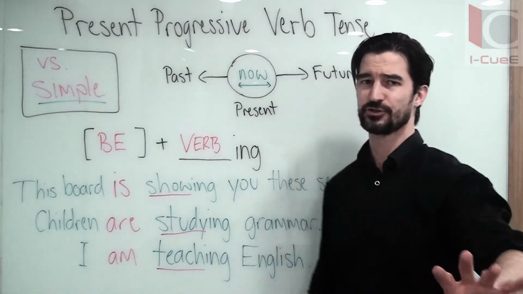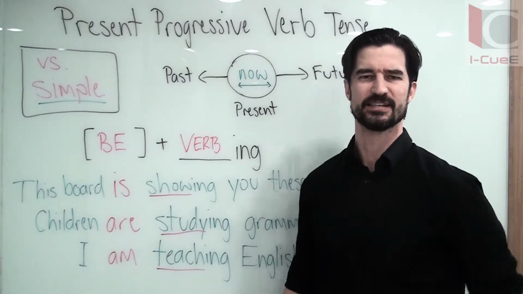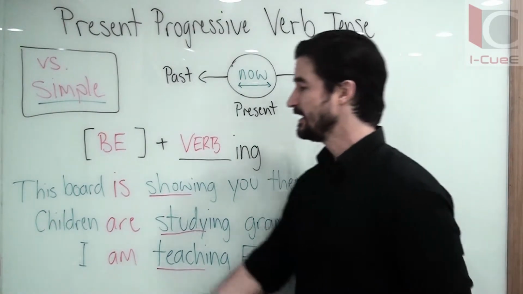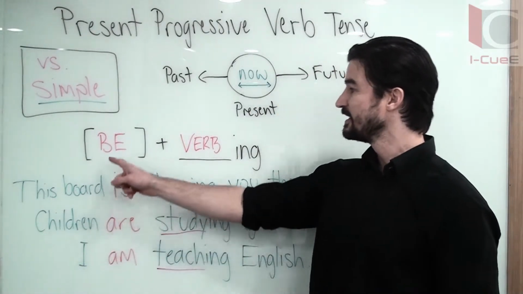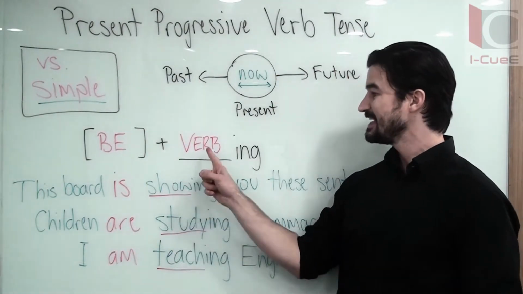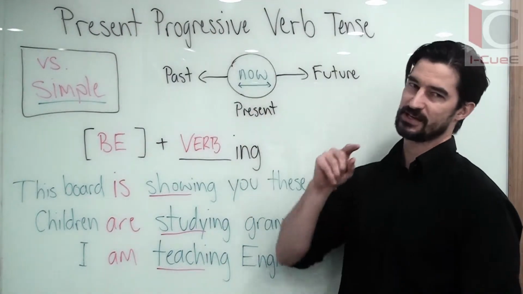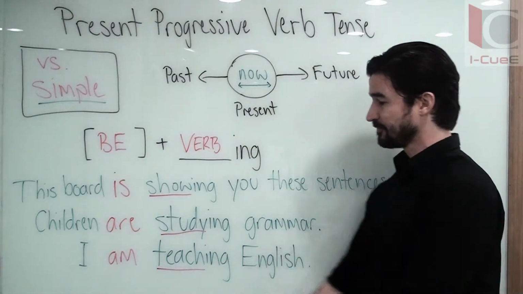Maybe you're not all children. Maybe there's some adults or teenagers. Maybe nobody wants to be considered a child. You would rather be a student. I'm sorry. But children is a plural noun. Are is the plural present form of the be verb. Study is the active verb, and then ing gives us the progressive. Okay, so children are studying grammar.